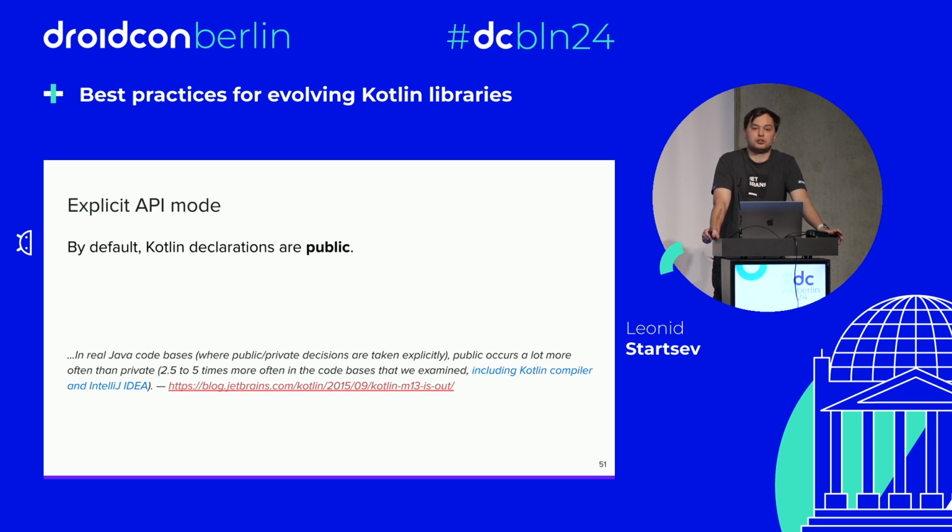But after careful study of Kotlin use cases and Java code bases, it was decided that public occurs a lot more often than private, like 2 to 5 times more often in the code bases examined, including the Kotlin compiler itself and IntelliJ IDEA. And indeed, this changed, and the decision was made that all declarations are public by default. It is very convenient for application developers and for IntelliJ IDEA developers and for everyone else except library developers.